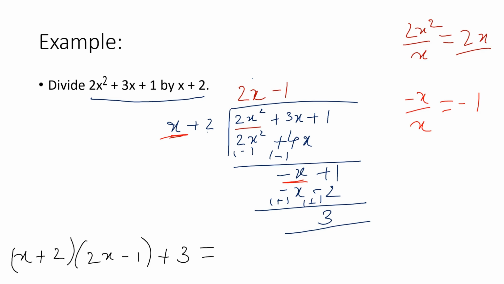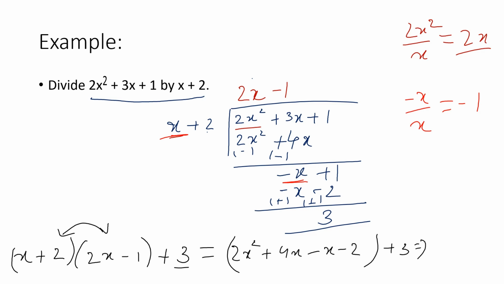Okay, first we'll multiply these two terms. What we get is 2x square plus 4x minus x minus 2 and plus 3 as it is.